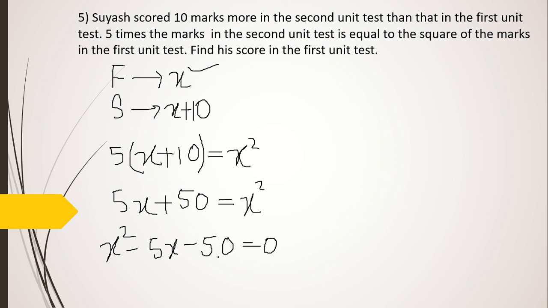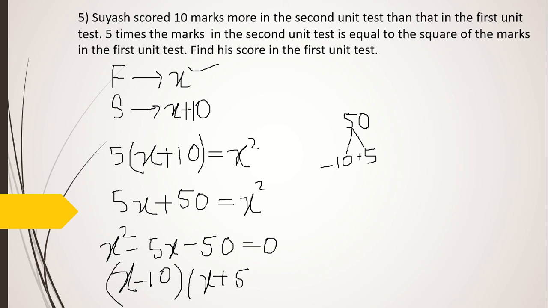Now factorize this 50 in such a way that we should be getting 5 after subtracting. 10 5s are 50 and 10 minus 5 gives me 5. Middle term sign should be given to the negative number, the greater number. Okay, so x minus 10 and x plus 5 are going to be the factors of this.